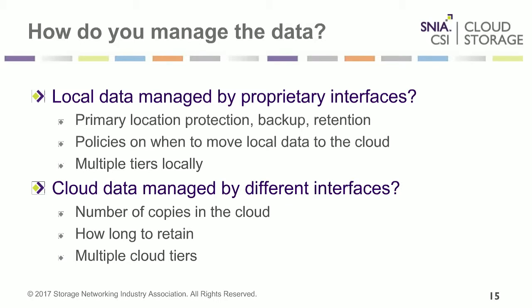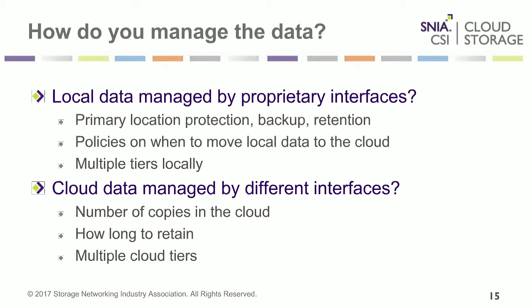How many copies of the data do I need? How long do I need to retain individual files? And there's multiple cloud tiers as well. You have your primary high-speed Amazon S3. You've got Amazon Glacier. You can even throw your files onto solid-state drives in the cloud.